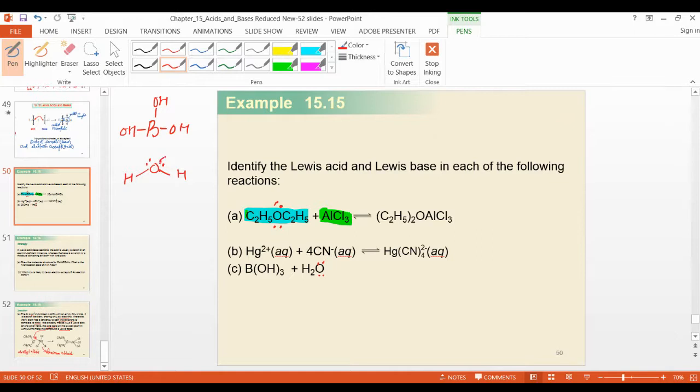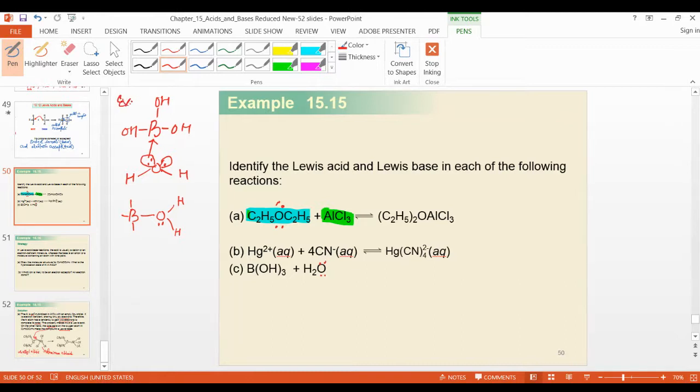So these are the electrons we have, and this one lone pair of electrons shifts to the boron. So you will get the bond between this and this oxygen, and this is hydrogen, and these 2 lone pairs of electrons are here. This is another example.